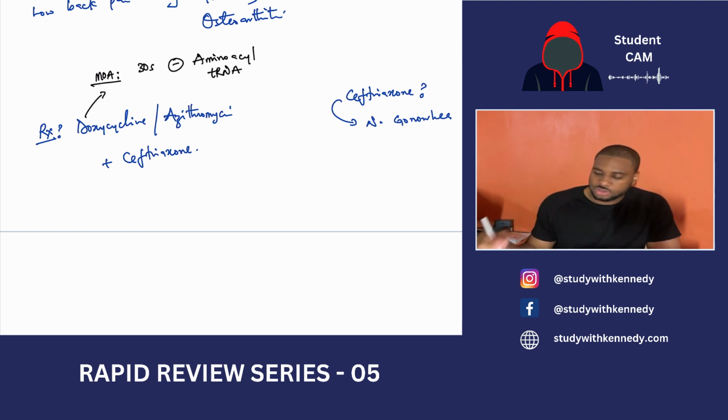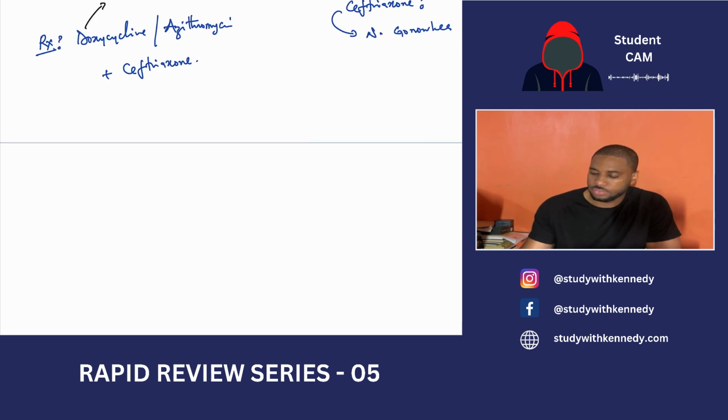What's the side effect of doxycycline? Doxycycline is a tetracycline. Side effects. Nephrotoxicity. Is that what we want to look for, really? All right, so there's photosensitivity.